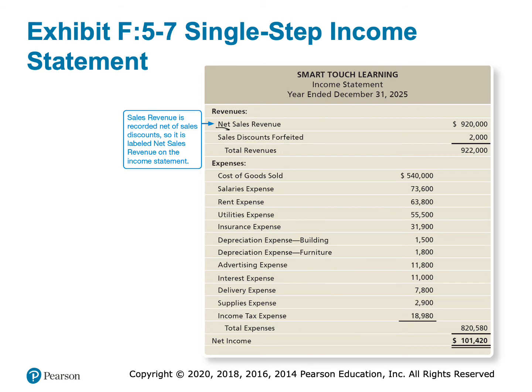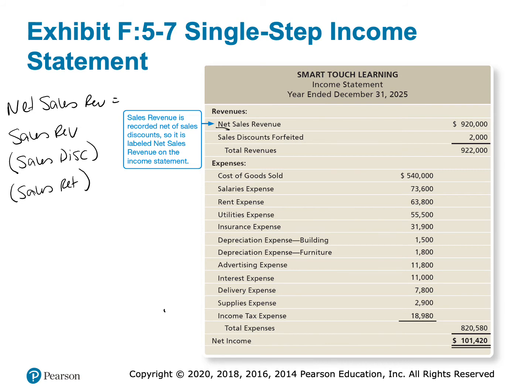So really, net sales revenue is equal to sales revenue minus sales discounts minus sales returns. So we recorded the discounts up front. We recorded the sales at the net amount. So that is the net sales revenue.